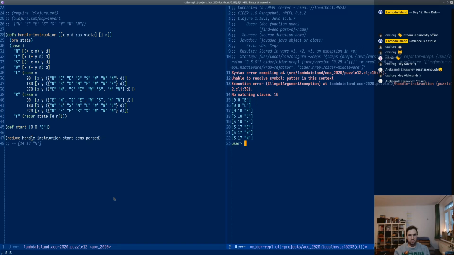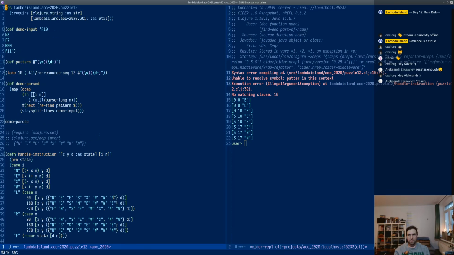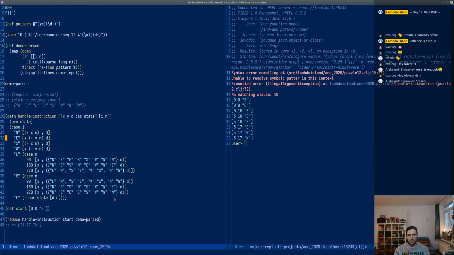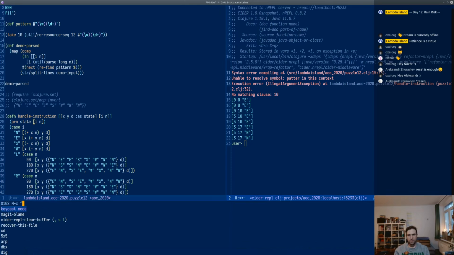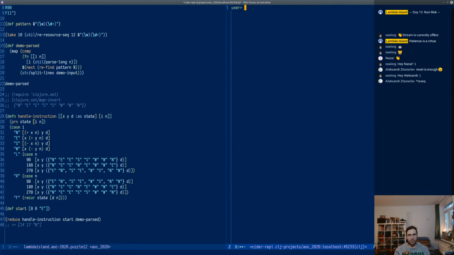So here's what's happening. East, east, east, east, east. Is everything going east? F, N, F, R. Oh yeah, no, we're still, yeah, east is the direction. Let's actually print both of these so we also see what we're doing. So this is the state before, and then the instruction that we're about to execute.